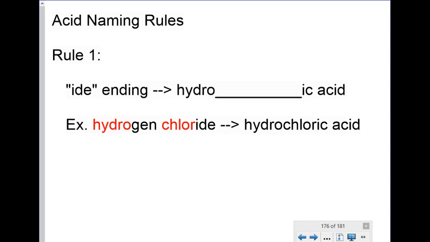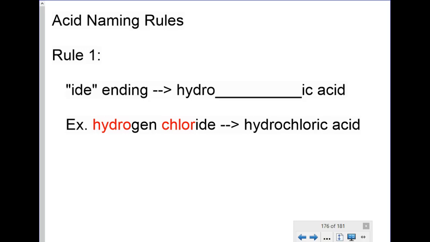We have special rules for naming acids. I would actually recommend that you put this set of notes on your table. Acids are very interesting compounds.